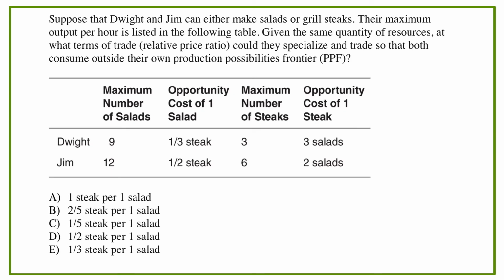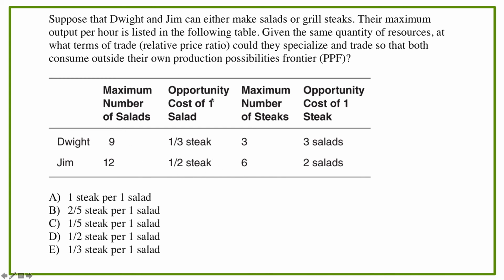Now let's try to do one example. In this question, we have again 2 parties, 2 people, and they are producing 2 different goods. The numbers of the productions are given to you as before. Dwight is producing 6 salads and 3 steaks. Jim is producing 12 salads and 6 steaks.